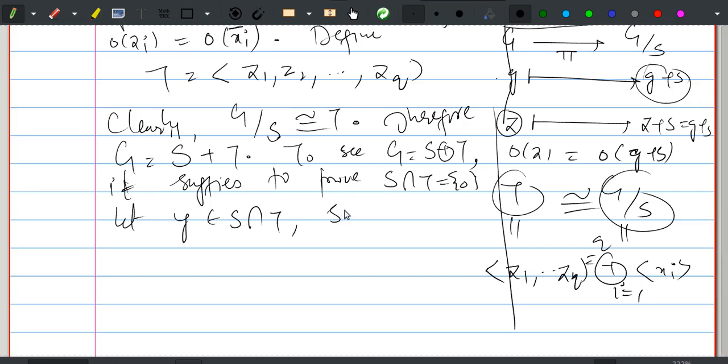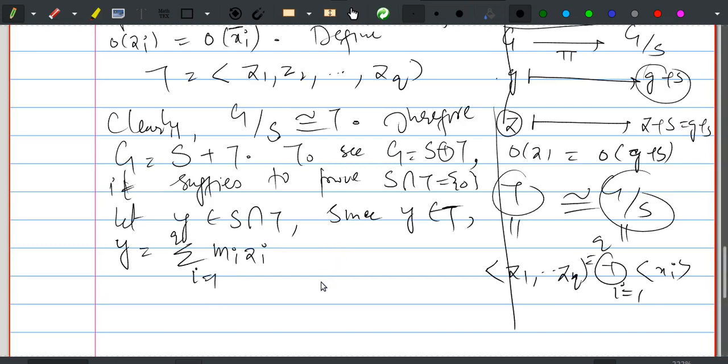Since Y is in T, and T is a subgroup of G generated by these elements, Y is a linear combination of these Zi's, the sum of mi Zi, where i goes from 1 to q, and the mi's are integers for all i.